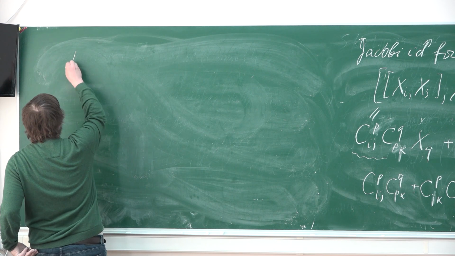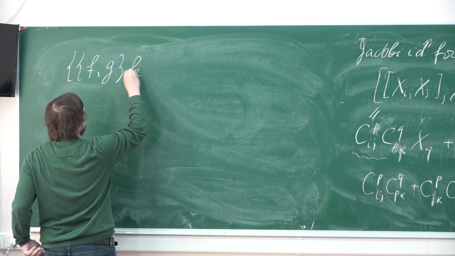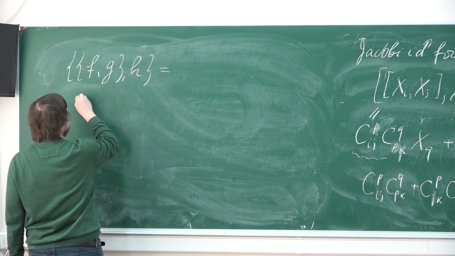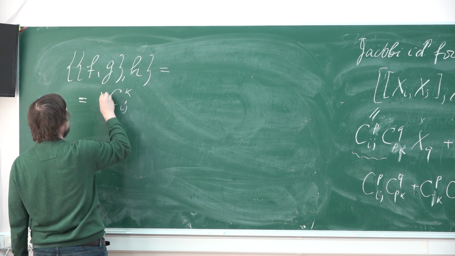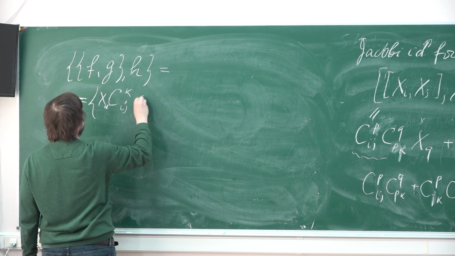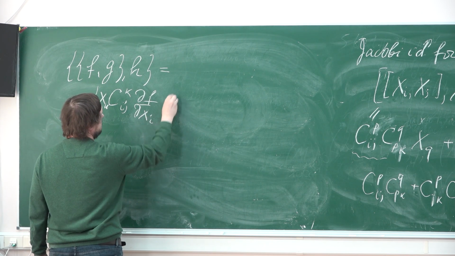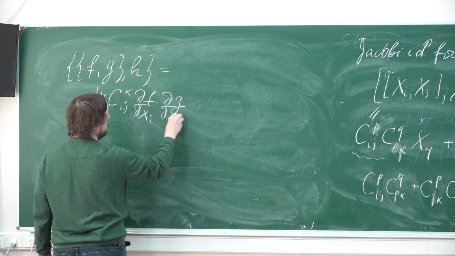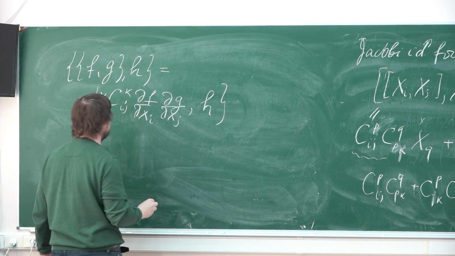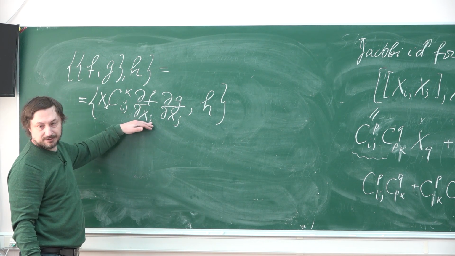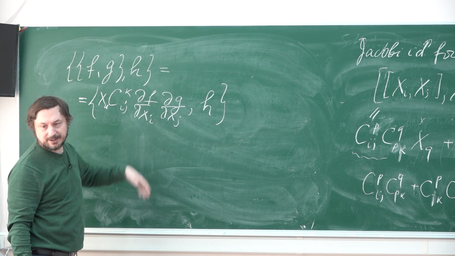So I will concentrate on this. So when we have this in h, it will give us what? It will give us C^{ij}_k x_k ∂f/∂x_i ∂g/∂x_j, comma, h. And again, I tell you that the only things which will survive are the terms with first partial derivatives in f, g, and h. I'll prove this later, just a little bit later.